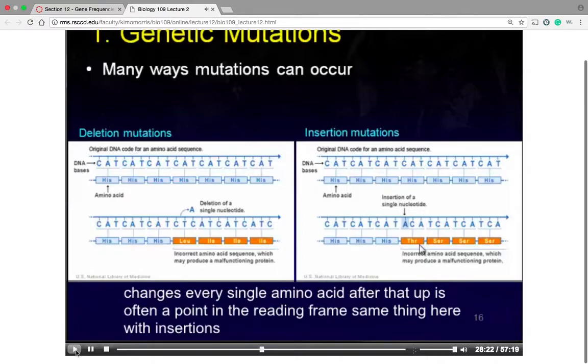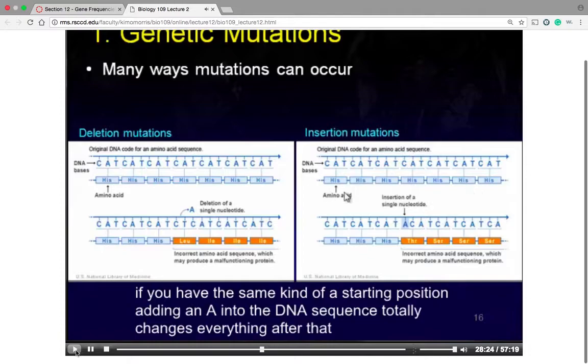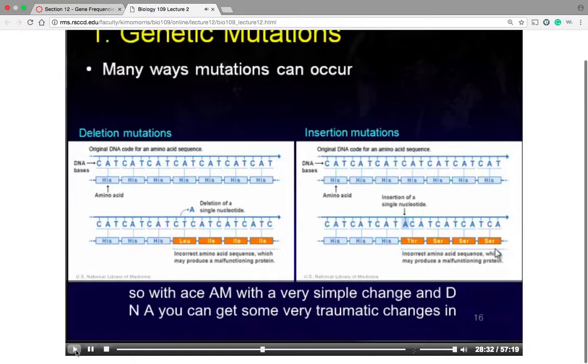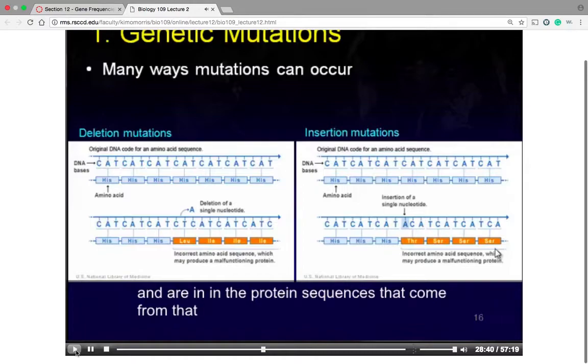Same thing here with insertions. If you have this same kind of starting position, adding an A into the DNA sequence totally changes everything after that. So with a very simple change in DNA, you can get some very dramatic changes in the protein sequences that come from that.